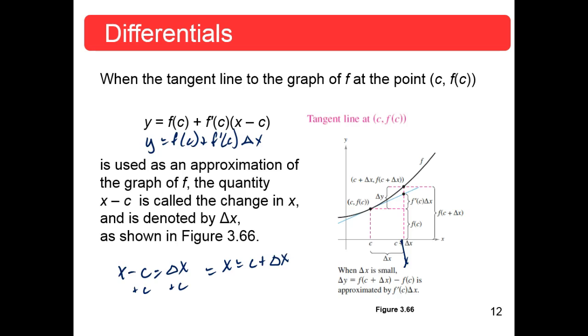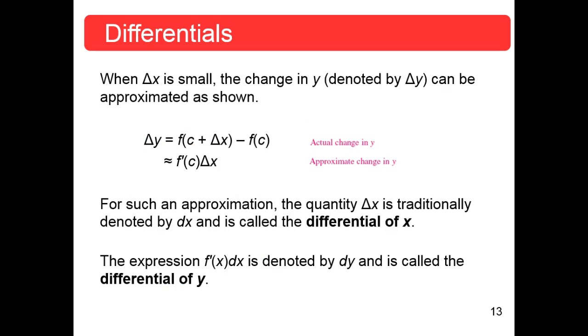Now, when the delta x is small, like down in this range, there's hardly any difference at all between the black line and the blue tangent line. They're so very close, it's hard to tell. When you get up here, you see a little bit of difference. About there, you see a considerable difference, but it's still not too bad of an approximation. That's what we call the tangent line approximation.